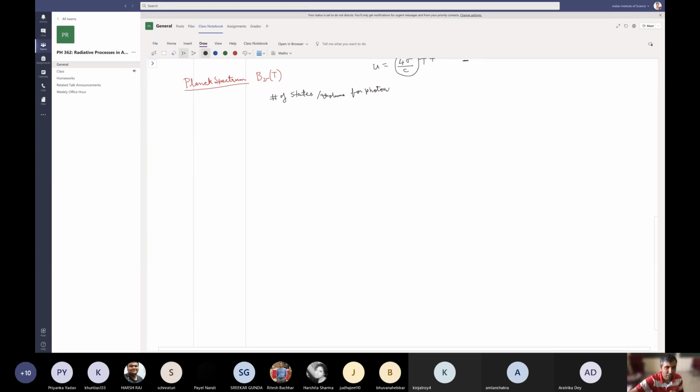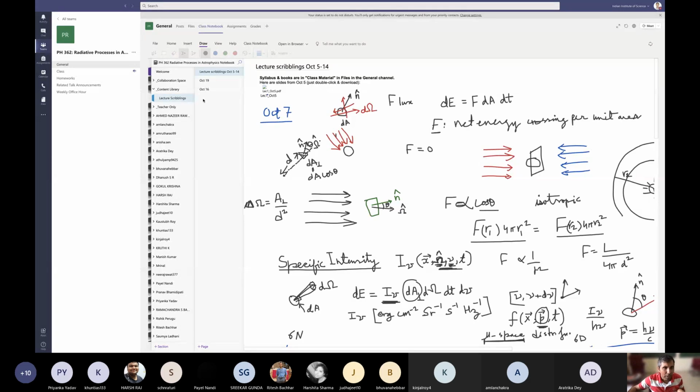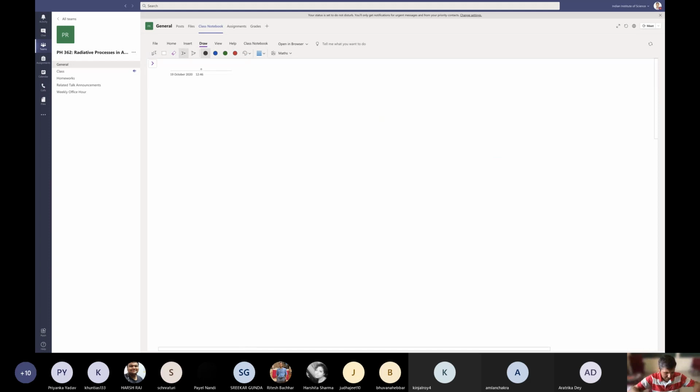So what I'll actually do is create a new page, and I'll write here, because the computer actually slows down.